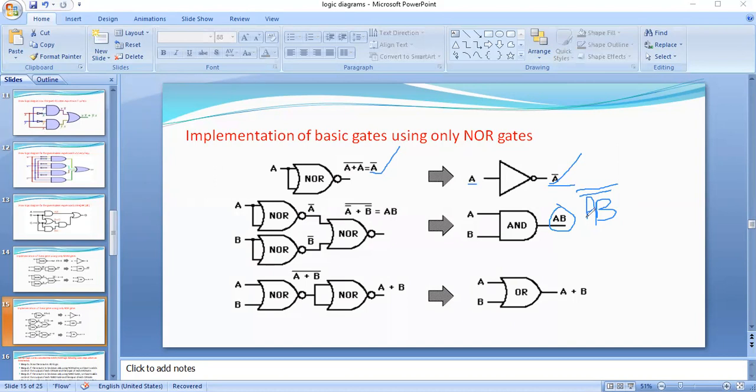See here, (AB) double whole bar is equal to AB. First I am applying one bar. (AB) whole bar means A bar plus B bar, and we have another whole bar, so keep it as it is.